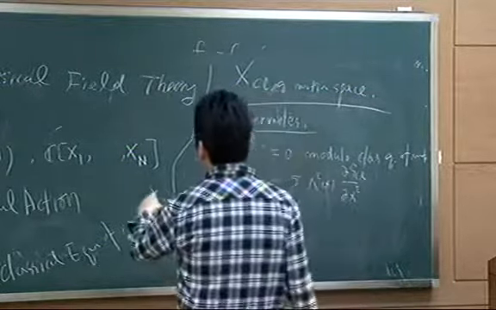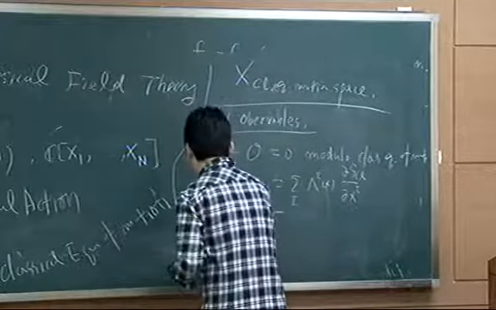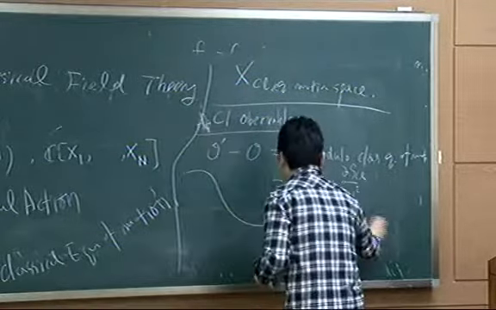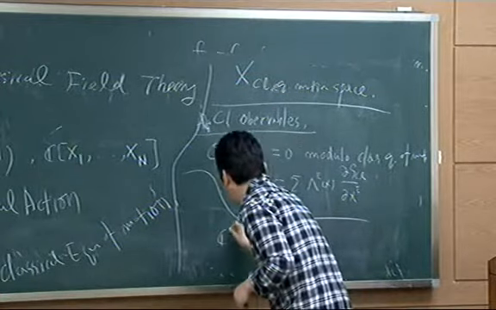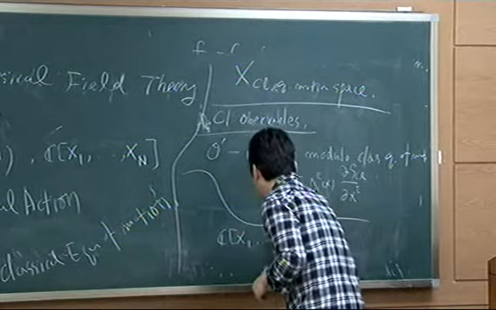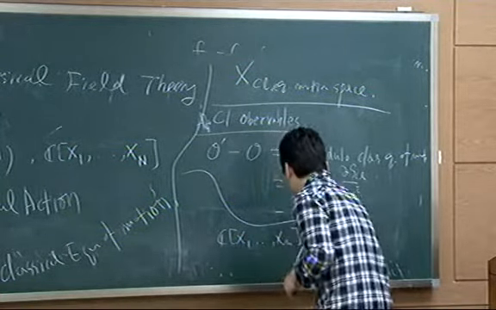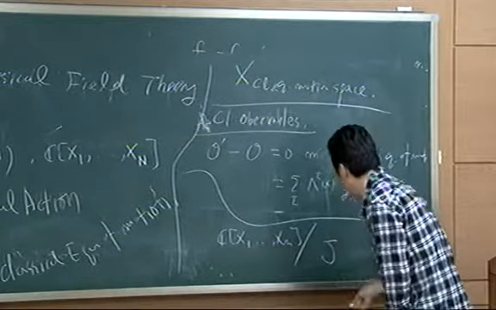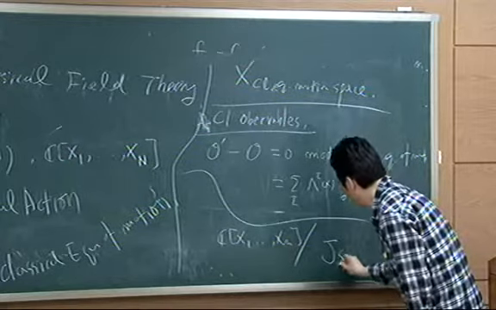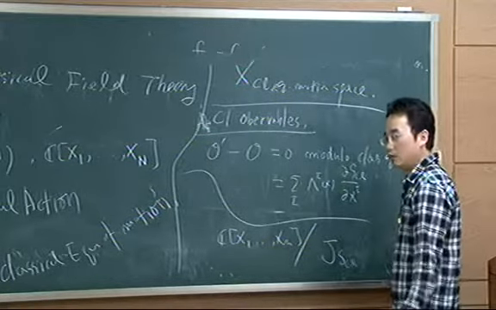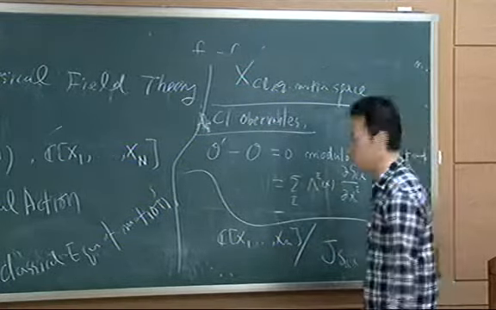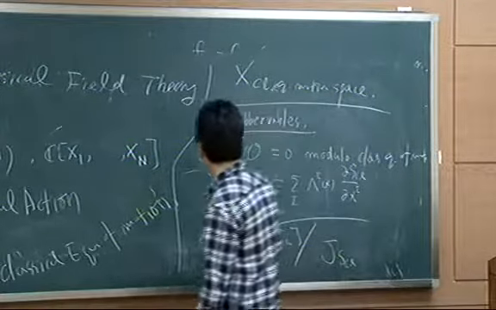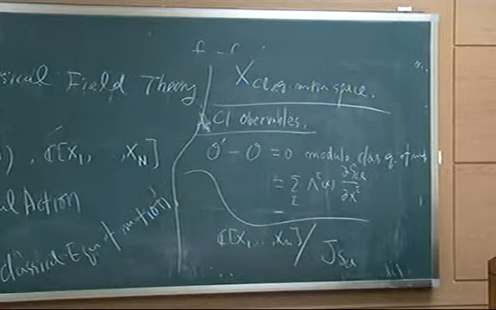So the algebra of classical observables is nothing but the polynomial functions O modulo the ideal generated by the Jacobian, the Jacobian ideal of S classical. That's what I mean. So this would be the algebra of classical observables.